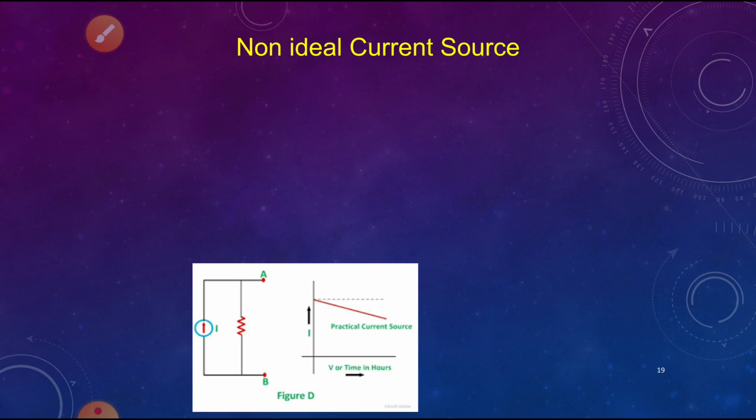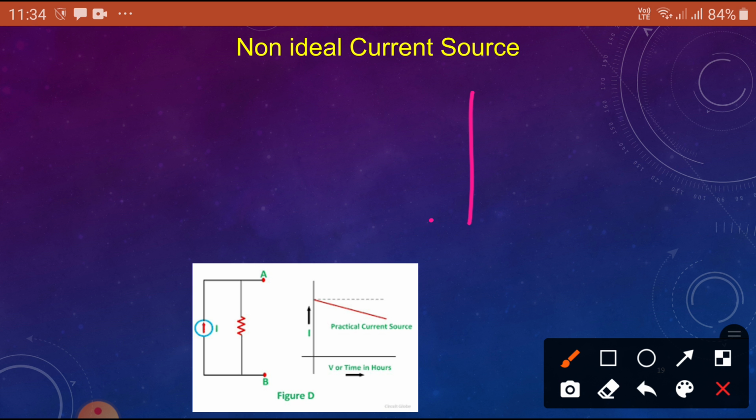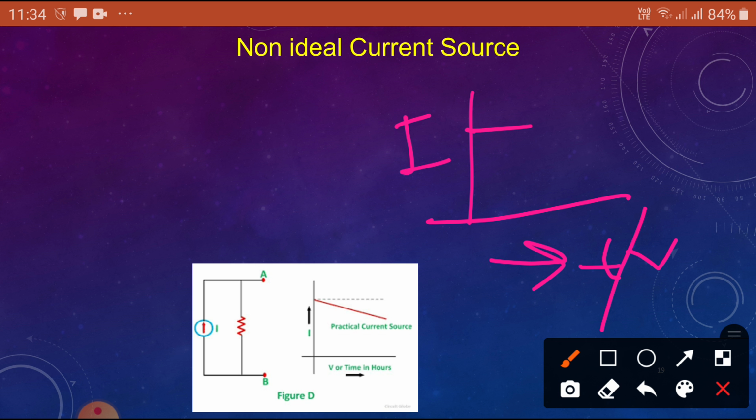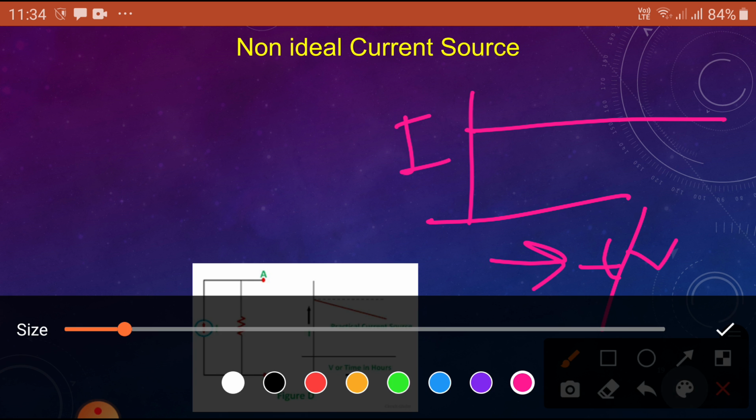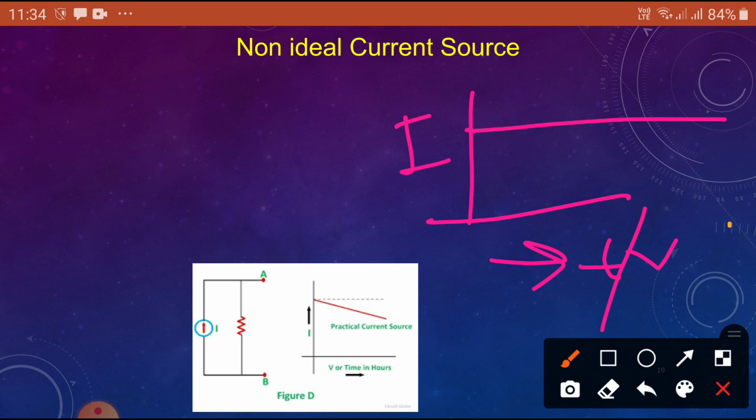What is a non-ideal current source? An ideal current source means that whatever the time passes or the voltage changes, the current should be constant. But in non-ideal cases, if the voltage increases, automatically the current decreases. This is the ideal case.